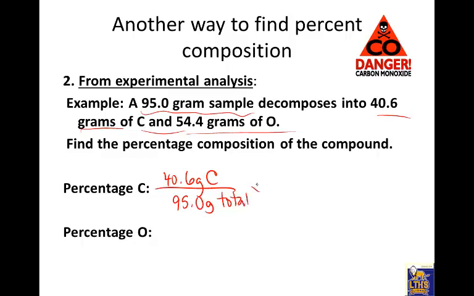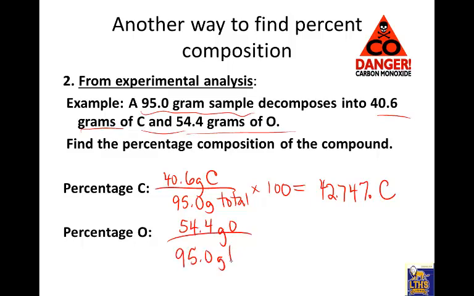Notice I'm not writing a formula down there because I don't know the formula, I just know the total mass. All right, we find out that's 42.74% carbon in this substance, and then part for oxygen is 54.4 grams of O over the 95.0 gram total. All right, times 100 gives us 57.26% oxygen.